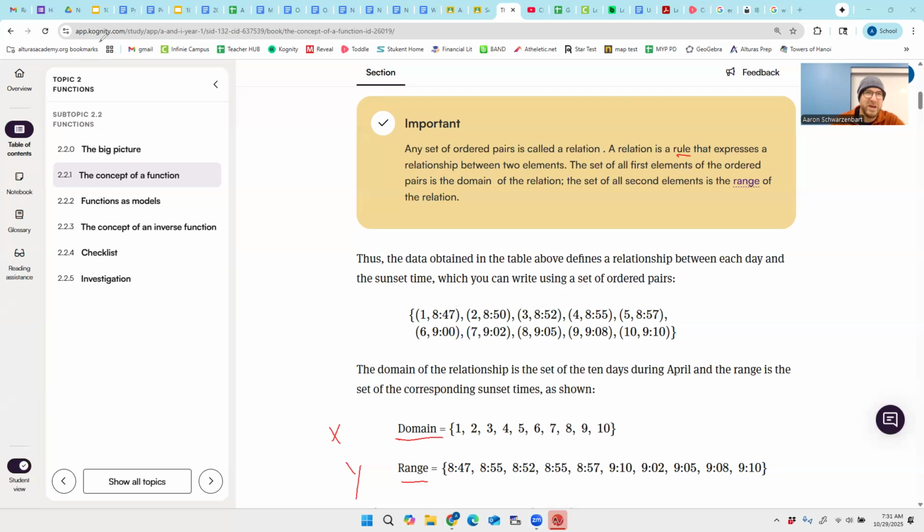Your codomain, this is an important concept in some college math classes, is again, what's legal. The range is which ones are actually taken. But your codomain might be restricted to certain number sets like real numbers, whole numbers. Maybe it's natural numbers only. Maybe it's integers.